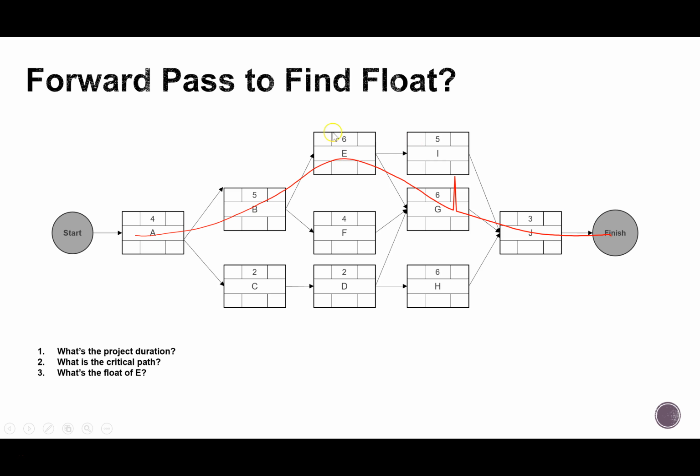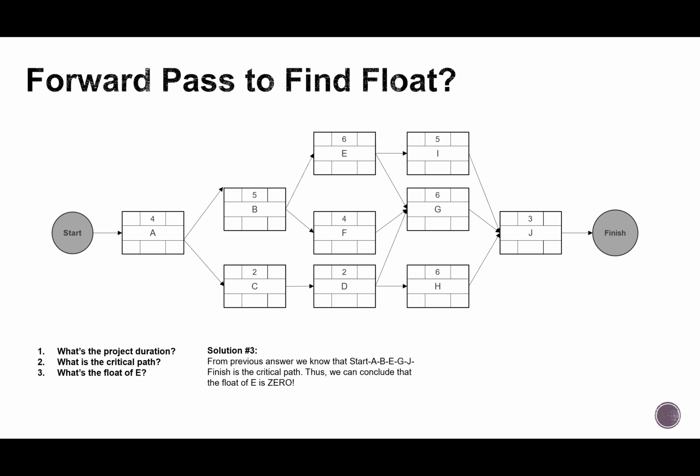And E actually falls in that path. So I'm actually pretty lucky here. Since E falls in that path, then I can conclude that the float of E is 0. I won't have to do any forward and backward pass, and I can rest assured that if I were to do that, that float of E will be 0.